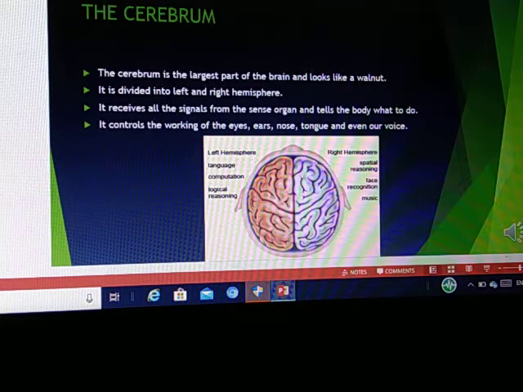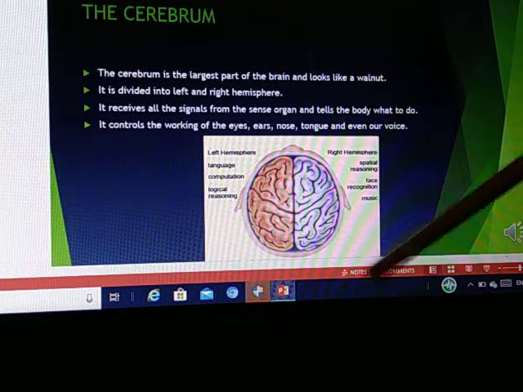Reasoning means doing maths, basically those types of questions which are very difficult. So whatever study materials we study, which part is responsible for learning, thinking, reading, reasoning? It is the cerebrum.